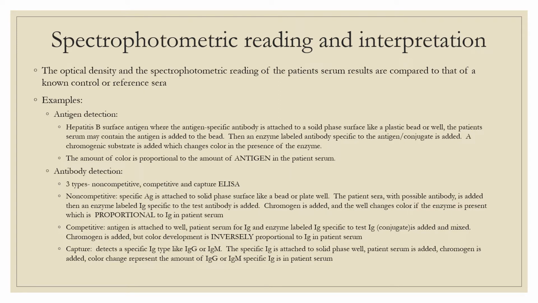In non-competitive indirect ELISA, we use excess label specific antibody towards an analyte of interest. In competitive ELISA, we use a labeled analyte, and we look for a concentration of antigen. We have labeled antigen and sample antigen that compete for a binding of antibody. And in capture ELISA, we use capture antibodies specific to a target antigen. This is also known as sandwich ELISA.